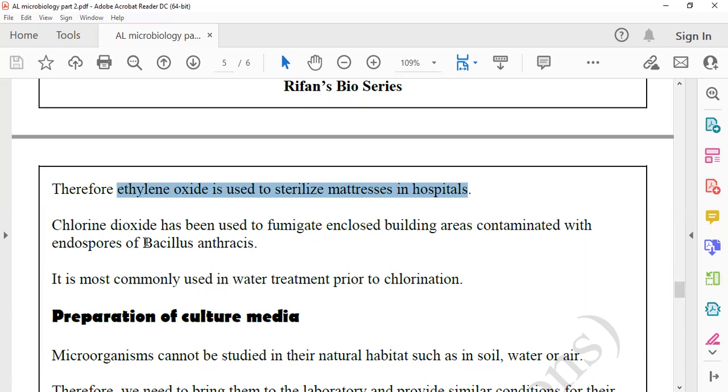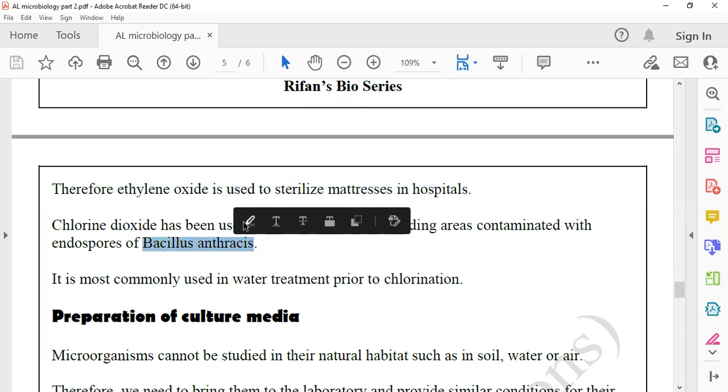Here it is pointed out that it is applied against Bacillus anthracis, the very powerful anthrax-causing bacteria, which is also considered one of the biological weapons.